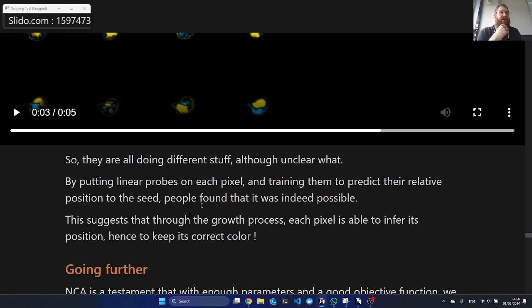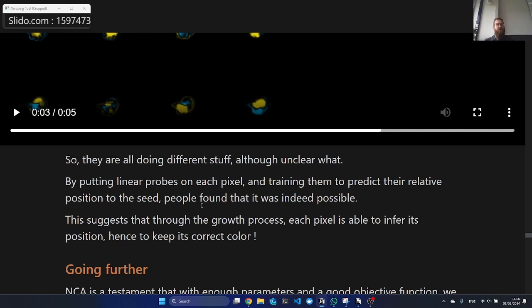To do that, they trained a very simple linear layer to take the channels of a pixel and output the position of the pixel, okay? In principle, if somehow the pixel has stored the information of its position, you should be able to extract it just with a linear transformation. And people observed that this was indeed possible.